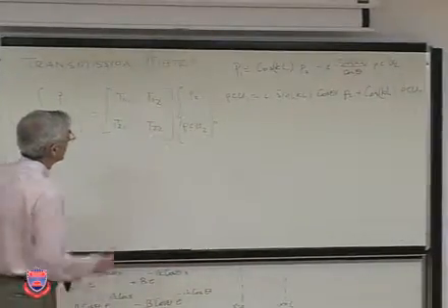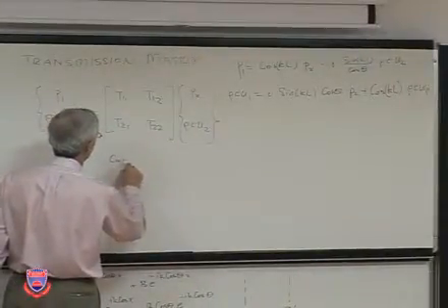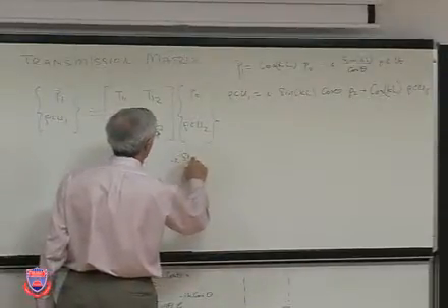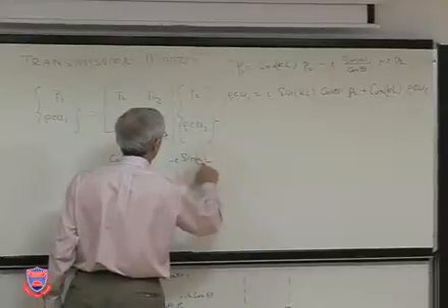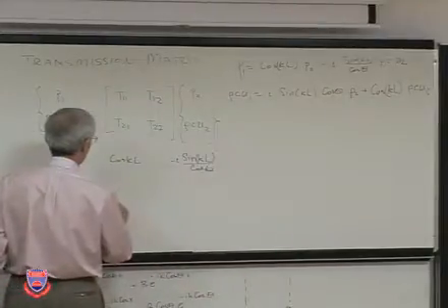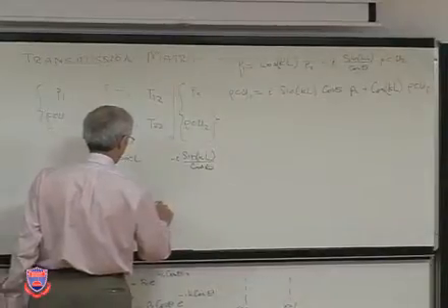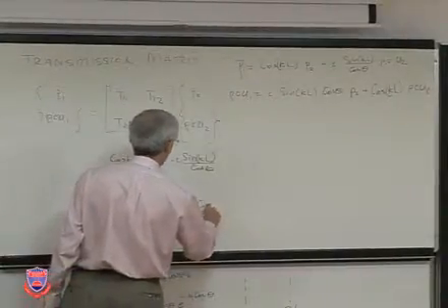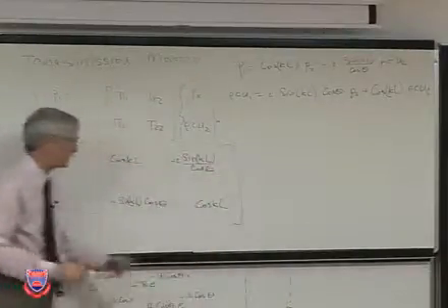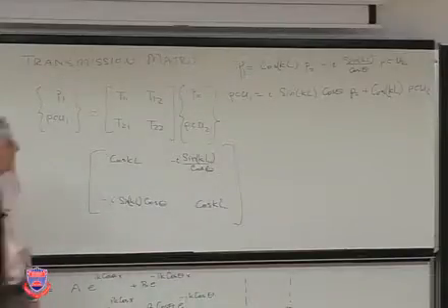And you can see the transmission matrix now is as shown. How does it differ from the normal incidence case? Can you quickly see?